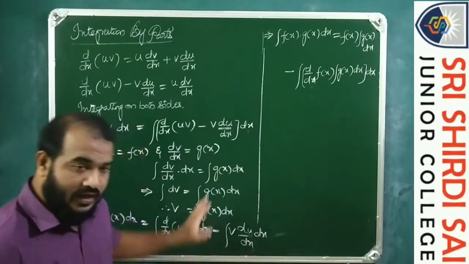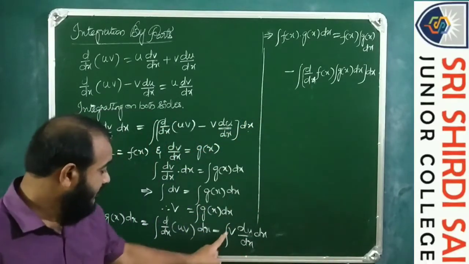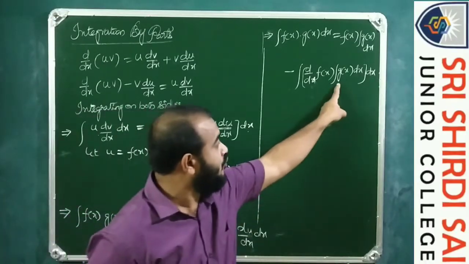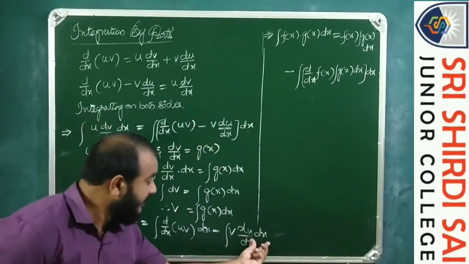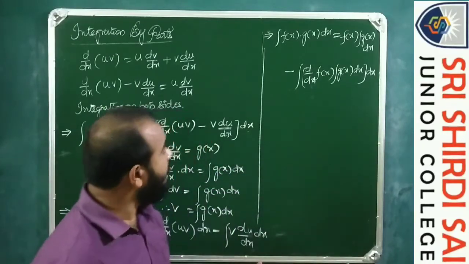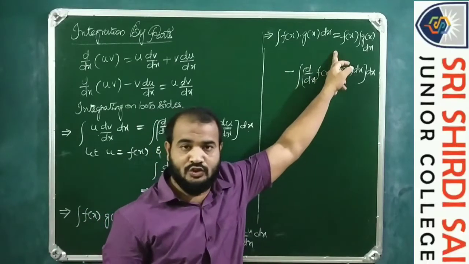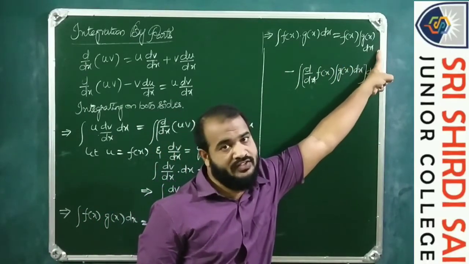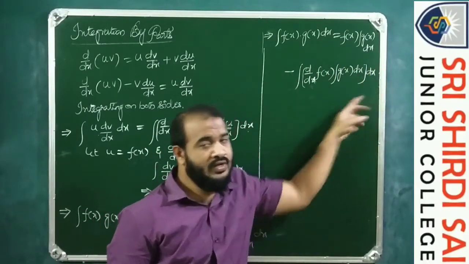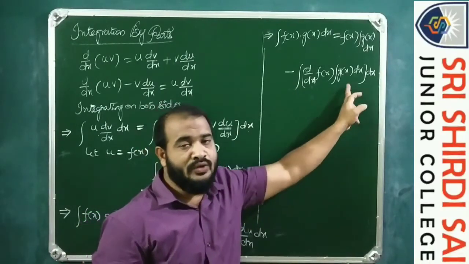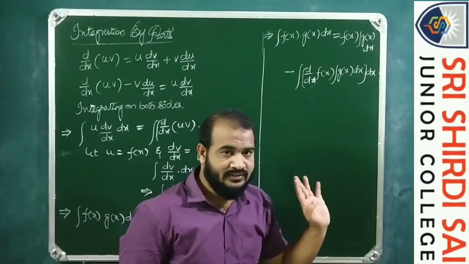Du by dx we have seen here. Next, the value of v is the integral of g of x dx. Therefore, the integral of f of x into g of x dx is equal to f of x into the integral of g of x dx, minus the integral of d by dx of f of x into the integral of g of x dx, whole dx.